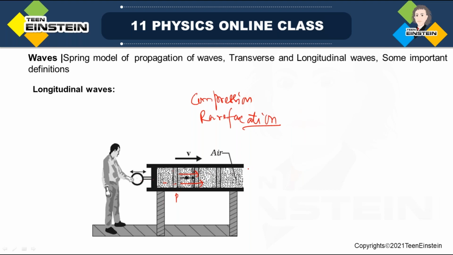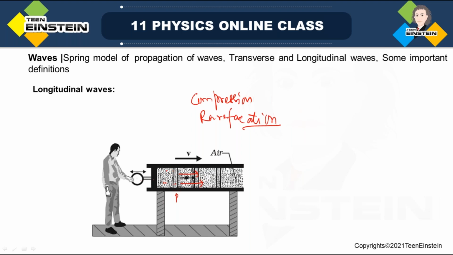If the man, after compressing all the way up to here, brings the piston back, pushing it in the opposite direction towards the left, then the compressed air gets rarefied compared to the other region, so the pressure becomes less there.